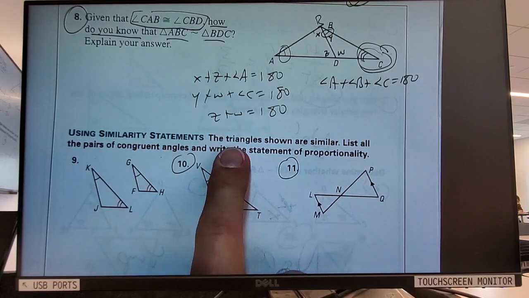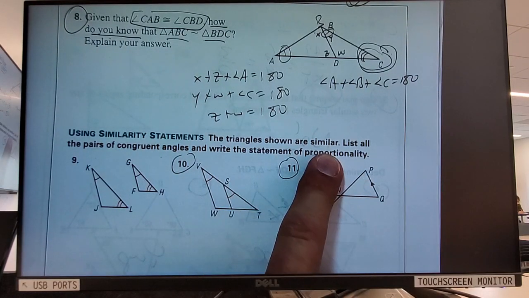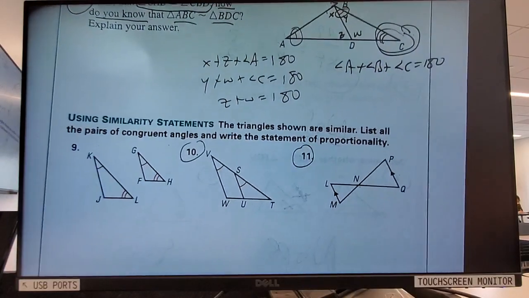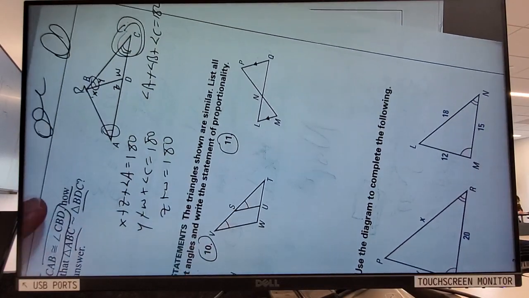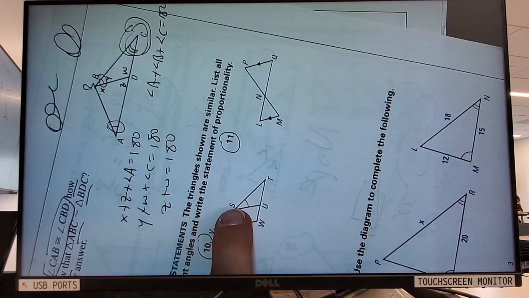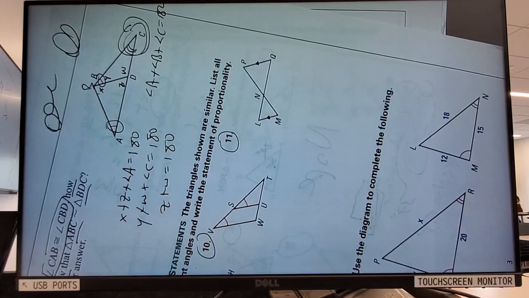They tell us the triangles shown are similar. I talked about this situation specifically. If you rotate this, then if these two are similar, can anyone tell me anything about line segment SU and line segment VW? They have to be parallel.